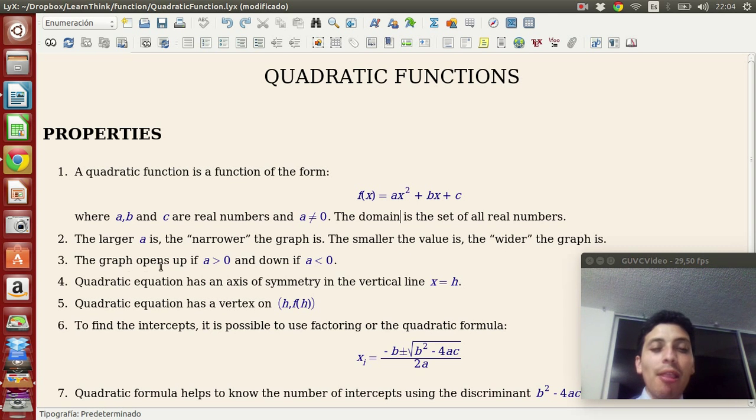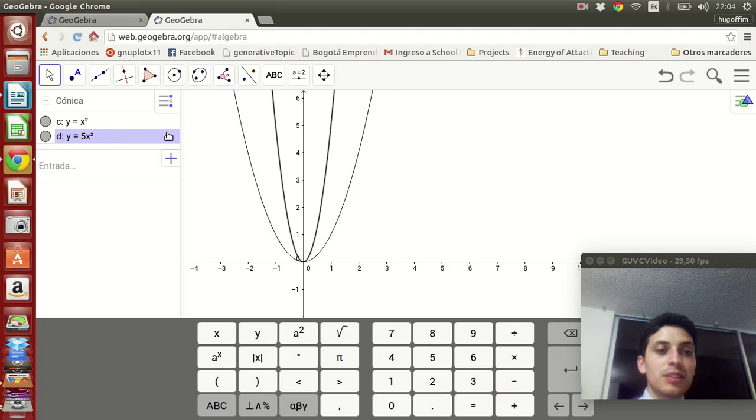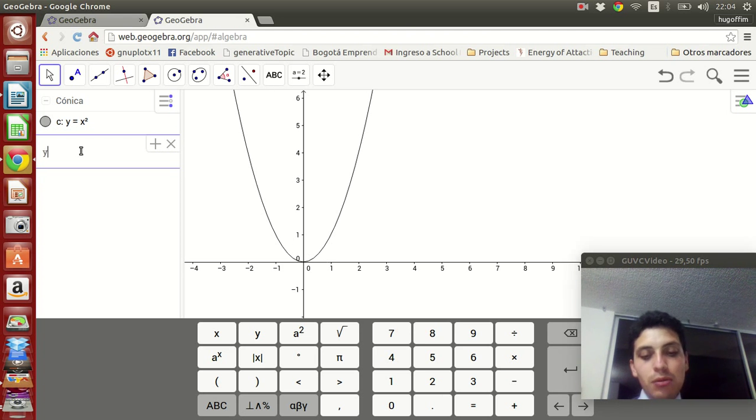Now the graph opens up if a is greater than 0 and opens down if a is less than 0. So we can see here what happens if a is negative. So I'm going to erase this 2, and we're going to use y equals minus x squared. Okay, a is negative, less than 0.